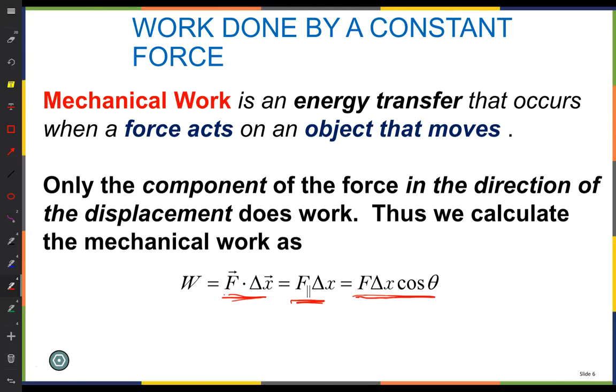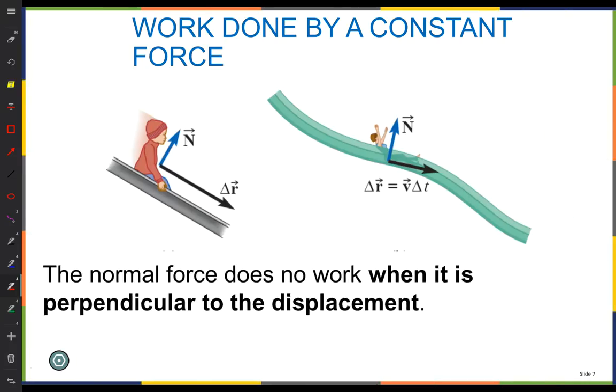I see no questions. Okay, here's a statement that I haven't made in the past, and it's a statement that sometimes bugs me, so I added the bold part to make sure that we're clear on this. You'll read in your textbook, normal force does no work. And with a mass sitting on the desk, yes, the normal force does no work.